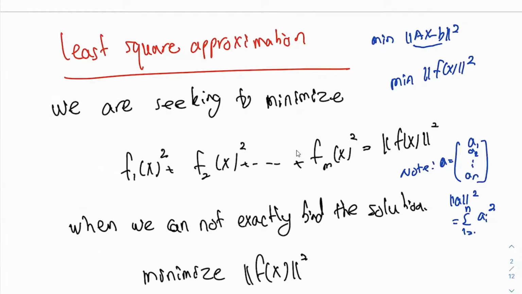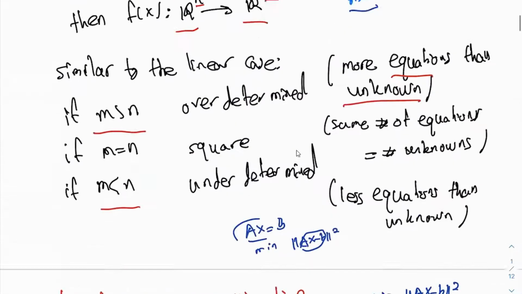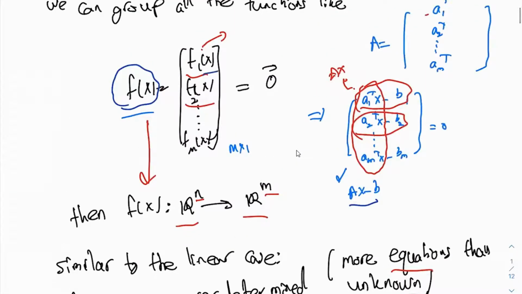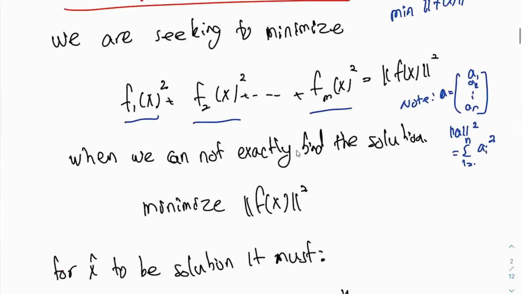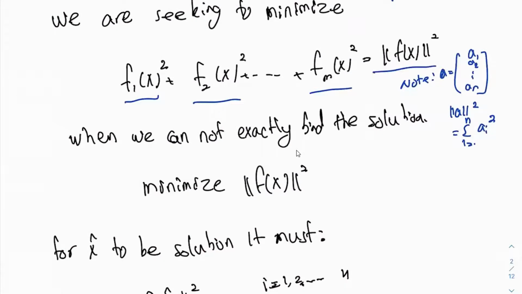Each component of f of x is what? f1 of x squared, f2 of x squared, all the way to fm of x squared. This corresponds to this component. Good. So I want to minimize this. It's still very easy after we map it to the linear case, so we don't really have much new concept here. Now, when we cannot exactly find the solution, we want to minimize this.